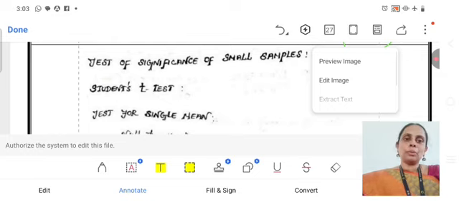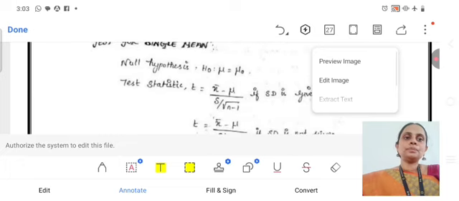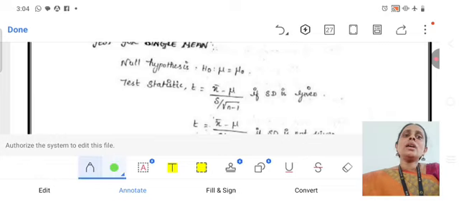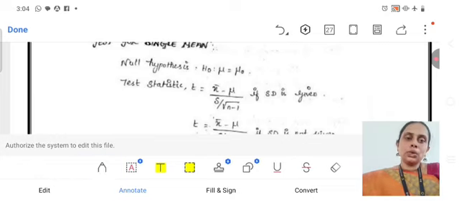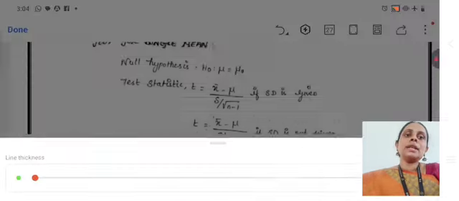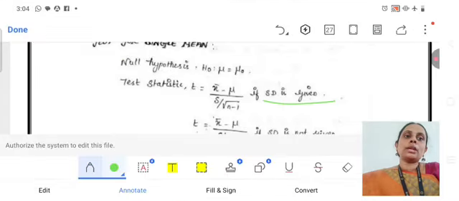Now we are going to see the formula for the student t-test. t equals x bar minus mu divided by s divided by root of n minus 1, where n denotes the sample size. If the standard deviation is given, we use this formula, that is x bar minus mu divided by s divided by root n minus 1.